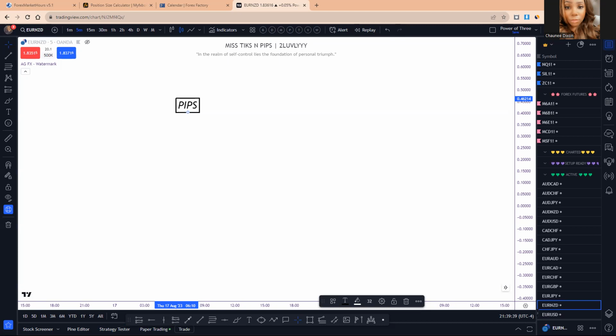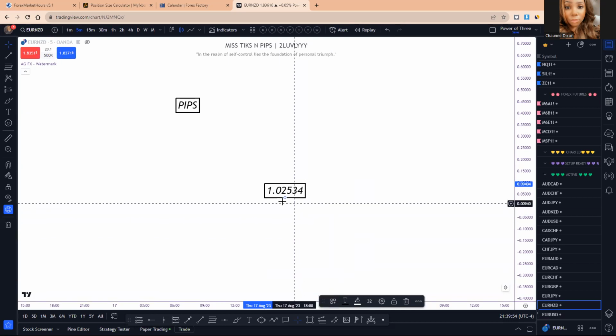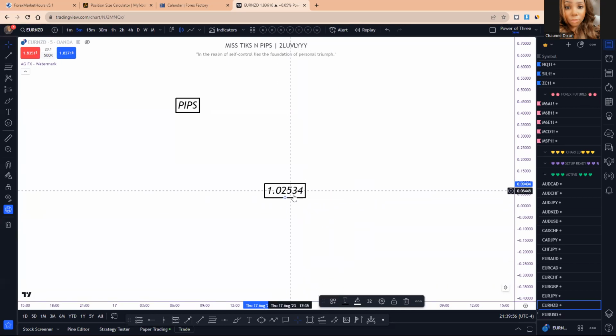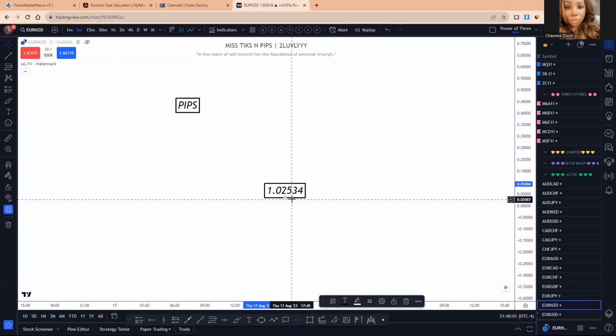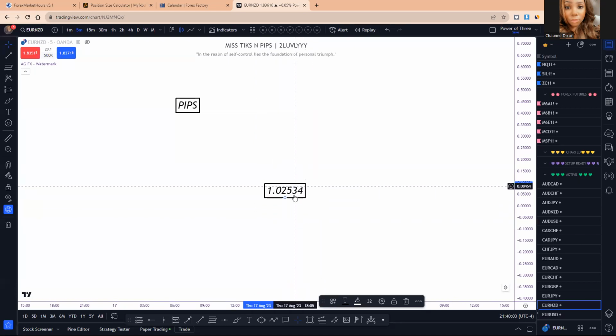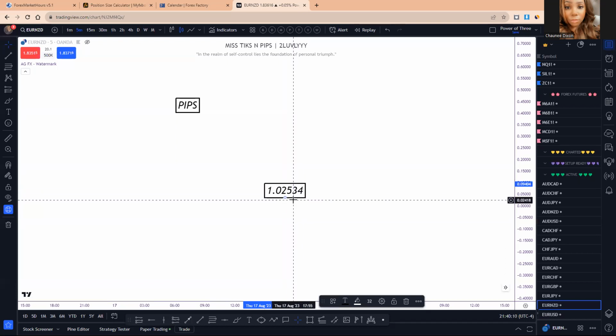When you look at the quote of a currency pair, let's say, for example, a random number, 02534. Typically you start measuring pips from the fourth digit. The fourth digit is what matters. You're going to drop the fifth digit if you have a fifth digit. If you have four digits, you're going to drop the fourth digit.